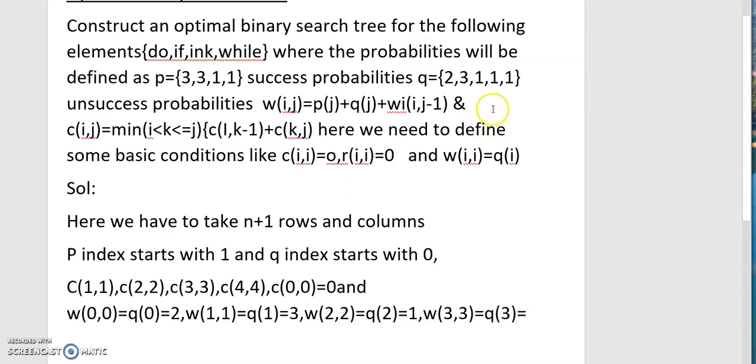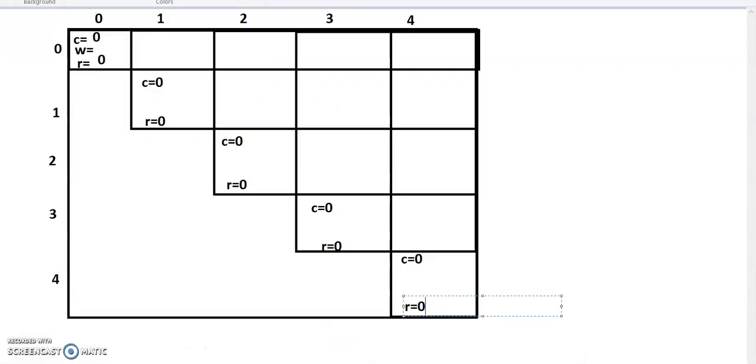Q of 3 how much? 1. Next W of 4 comma 4, value is Q of 4. Final value also 1. So 2 3 1 1 1 all the diagonal weights.